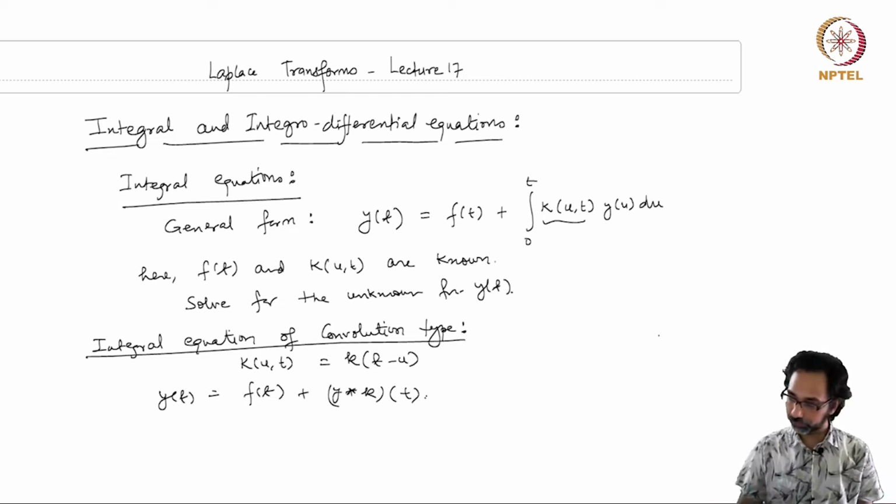This kind of equation can be transformed quite easily.